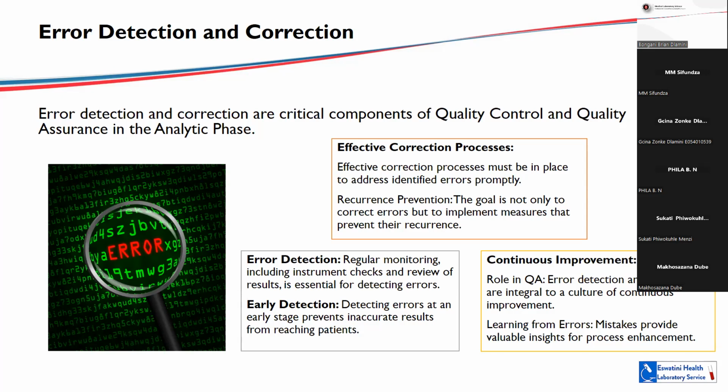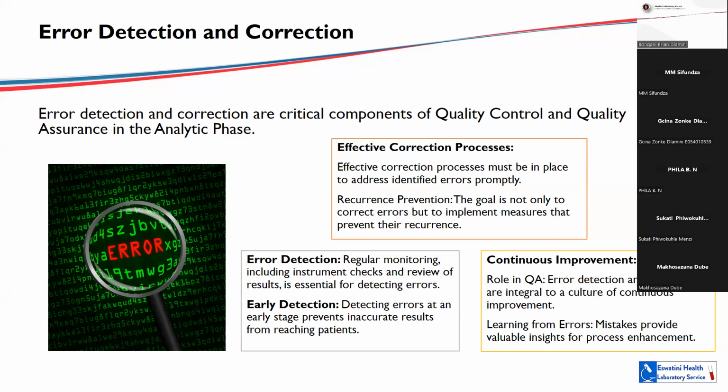So now we have to communicate to say all the maintenances should be done accordingly so that we don't have a clog again in the future. So that is actually the goal for error detection, to say we prevent its reoccurrence. And we then need to communicate, because if it's not communicated to the entire staff members, some may not know.